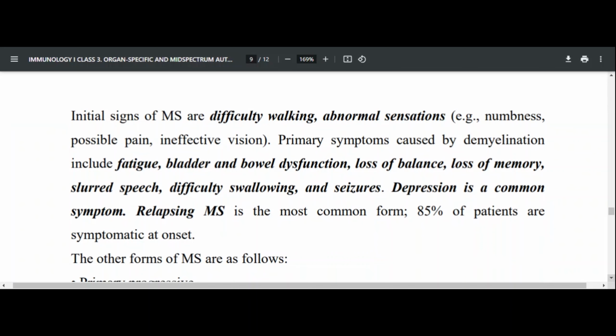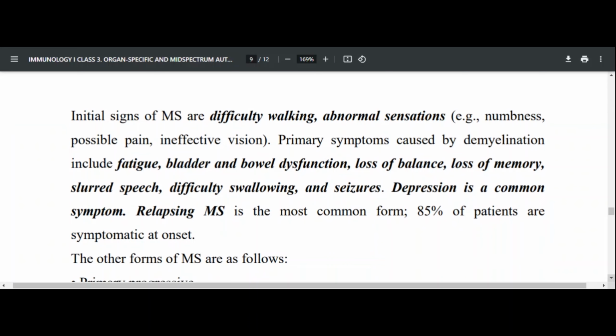Depression is a very common symptom, relapse is very common, and 80% of patients are symptomatic at the onset of the disease.